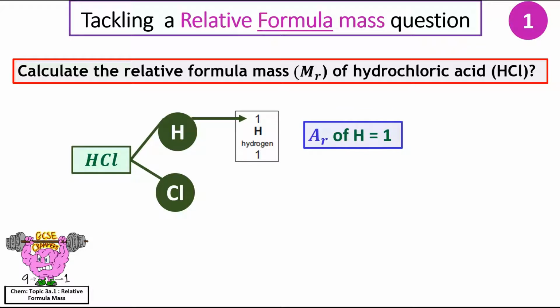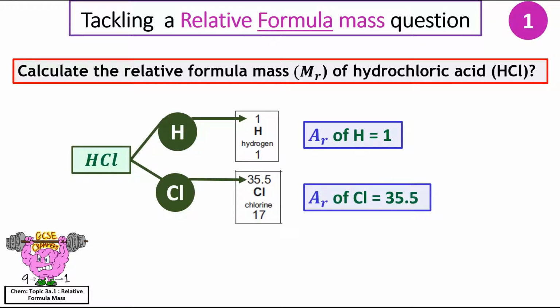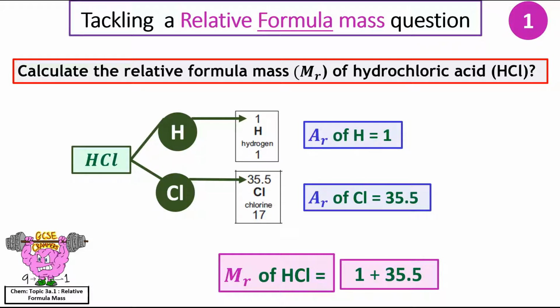The AR of hydrogen equals 1. Then chlorine. To find the relative atomic mass, the AR of chlorine is 35.5. Now you can work out the relative formula mass, MR, of hydrochloric acid equals 1 plus 35.5, which equals 36.5.